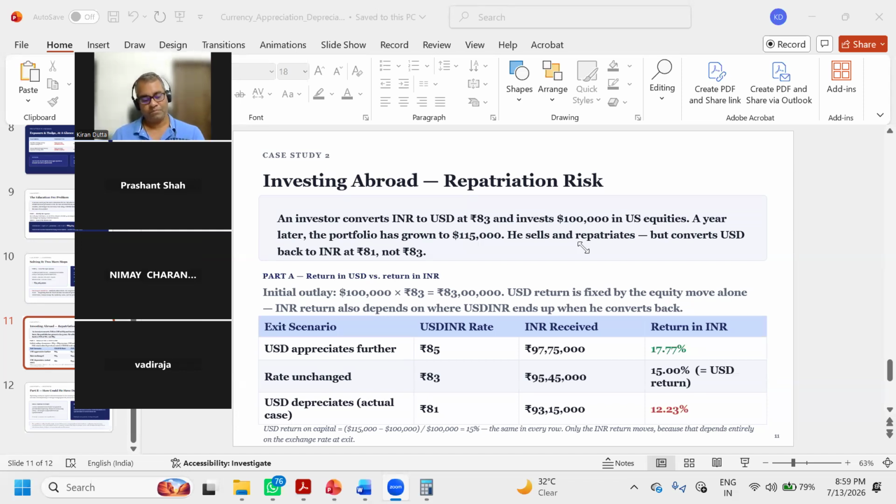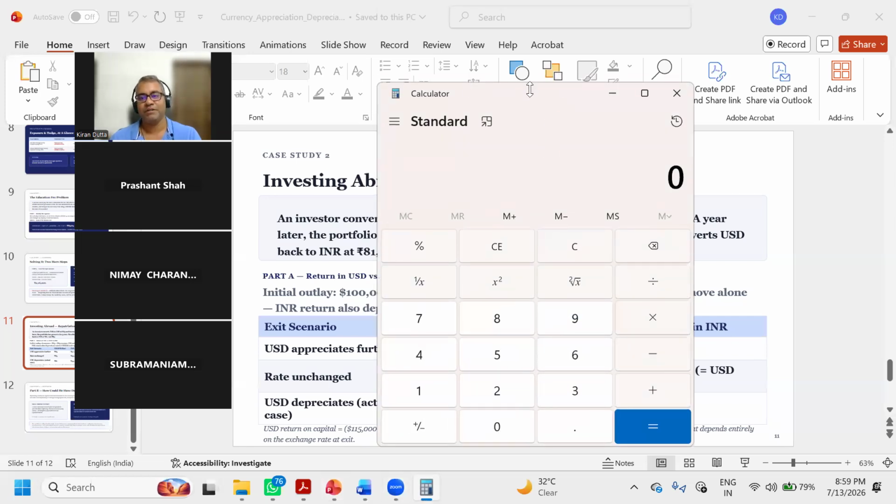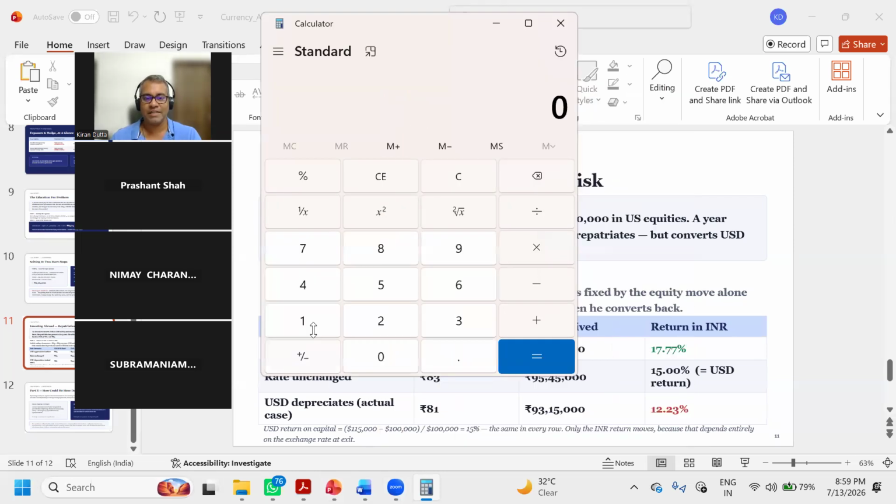He invested $1 lakh, and now he is getting $1,15,000. Guys, let me explain. The correct answer is 93 lakh 15,000. Yes, exactly. So primarily, we can do one quick thing here.